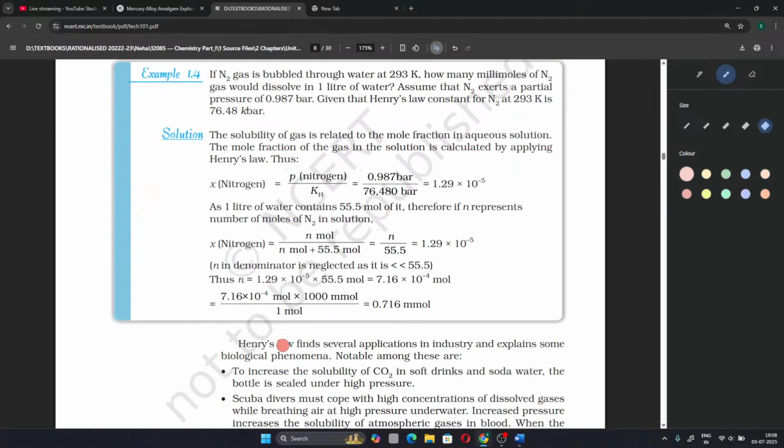Let's see the example. If N2 gas is bubbled through water at 293 Kelvin, how many millimoles of N2 gas would dissolve in 1 liter of water? Assume that N2 exerts a pressure of 0.987 bar, given that Henry's law constant for N2 at 293 Kelvin is 76.48.